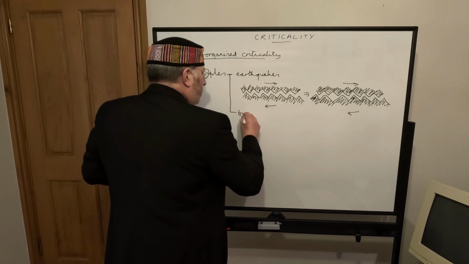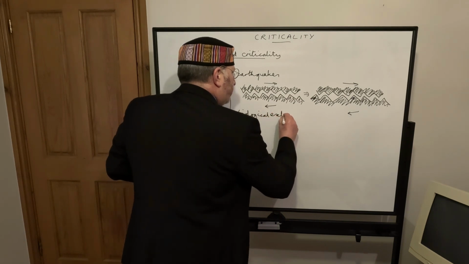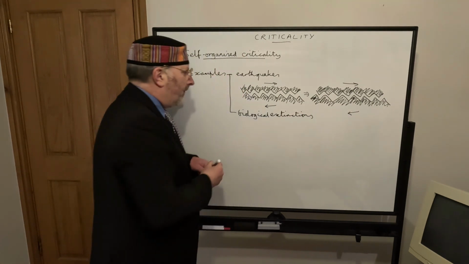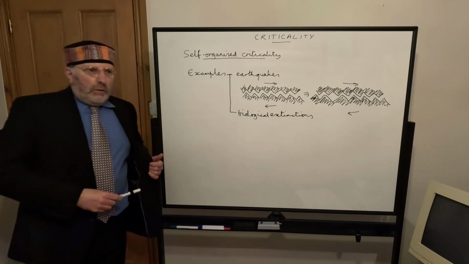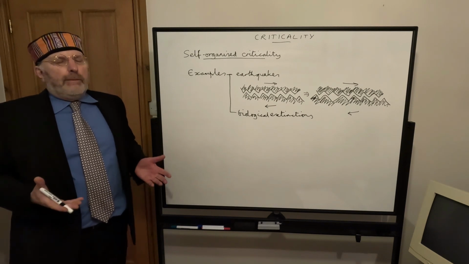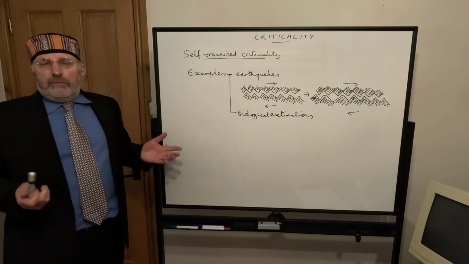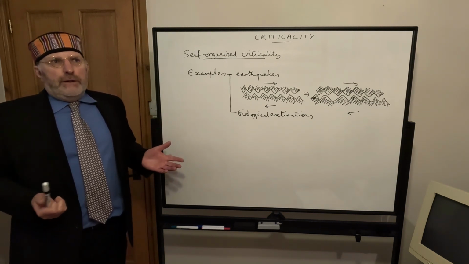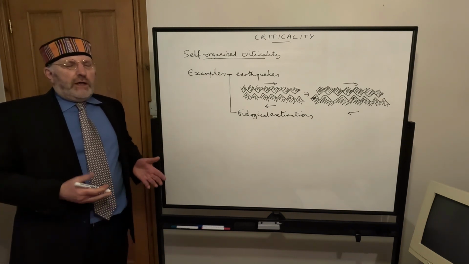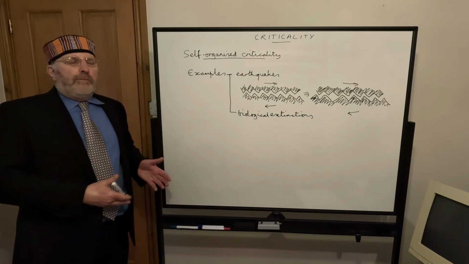Then another example is, again from nature, biological extinctions. So we know that in nature species are going extinct all the time. It's a natural phenomenon. Species seem to have a typical lifetime of about 1 million years. So species are going extinct all the time, and when a species goes extinct, it potentially puts stress on the things that used to eat that species.